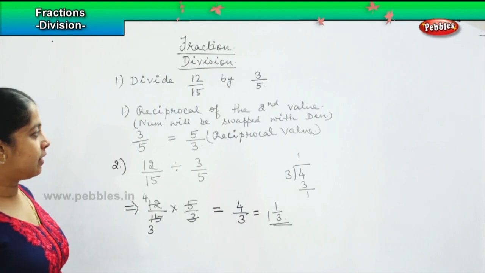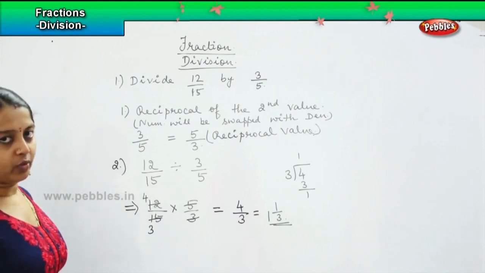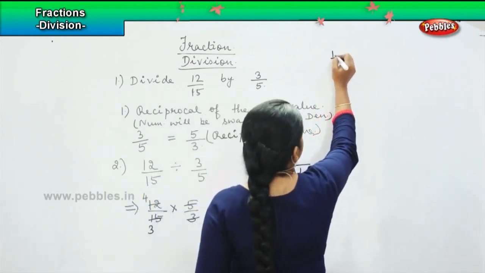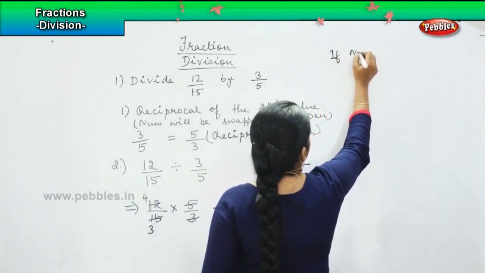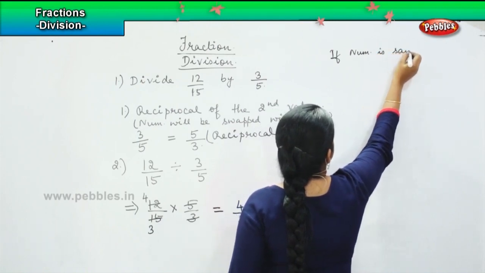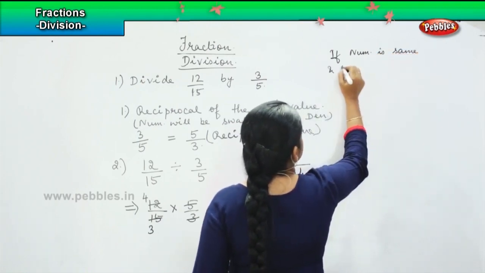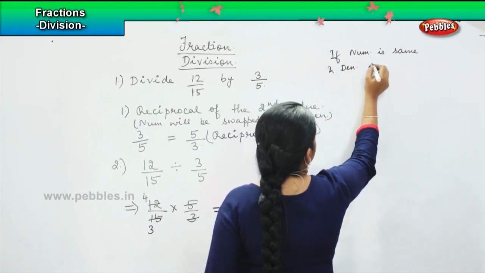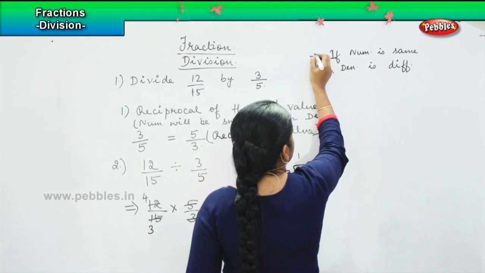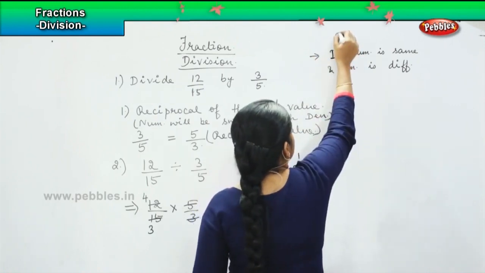Okay. So, here there is one more thing which you have to keep in mind. The thing is, suppose if the numerator is same and the denominator is different. Okay. So, this is the first rule.